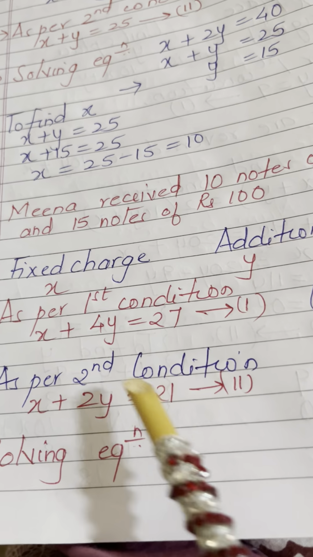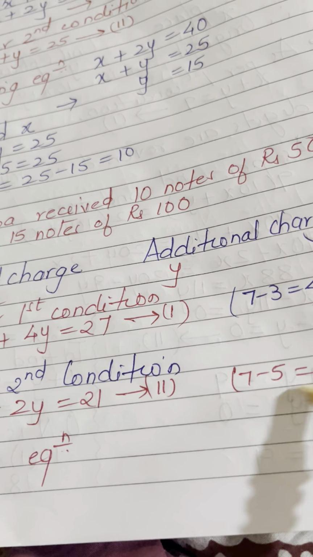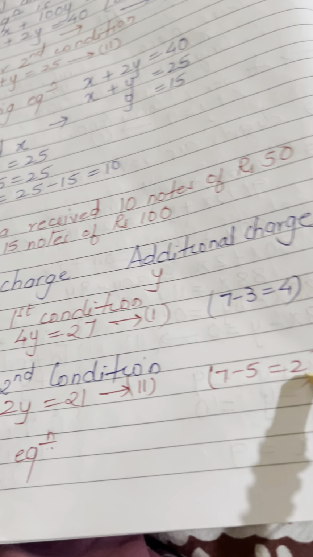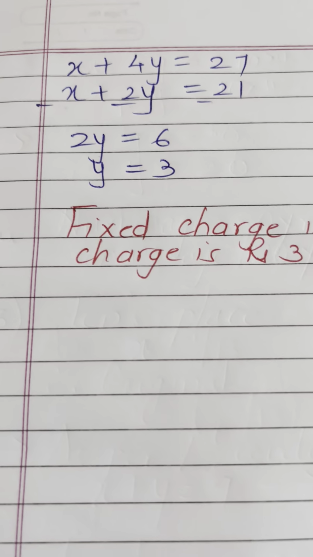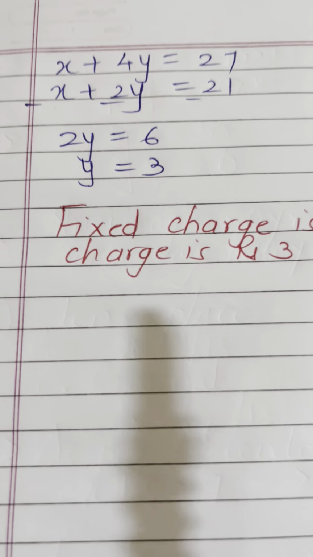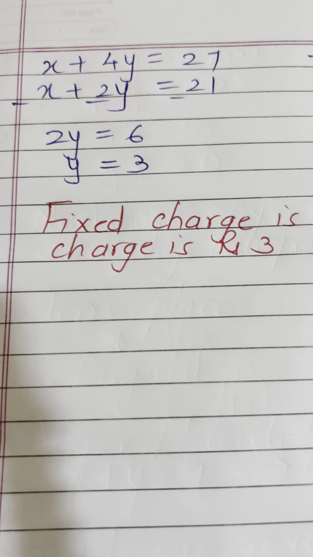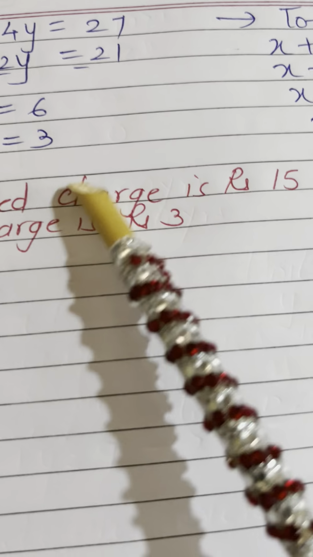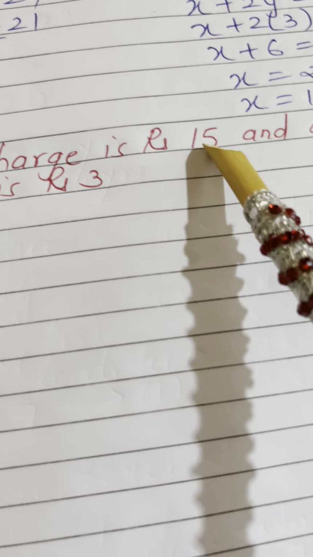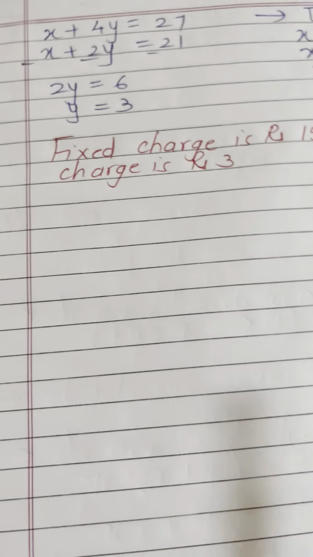In the second condition, how many days? 5 days. So 7 minus 5 is 2. x plus 2y is equal to 21. Solve the equations. We get y is equal to 3 and x equal to 15. So the fixed charge is rupees 15 and the additional charge is rupees 3.